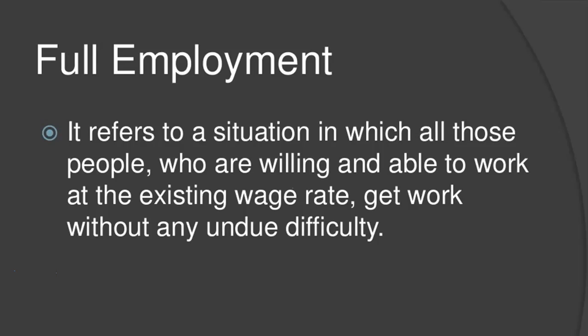Frictional unemployment refers to the temporary unemployment which exists when workers leave one job and join another. It arises due to labor market imperfections, such as lack of market information about the availability of jobs and lack of perfect mobility on the part of workers.